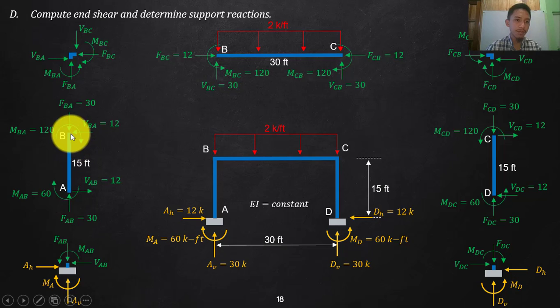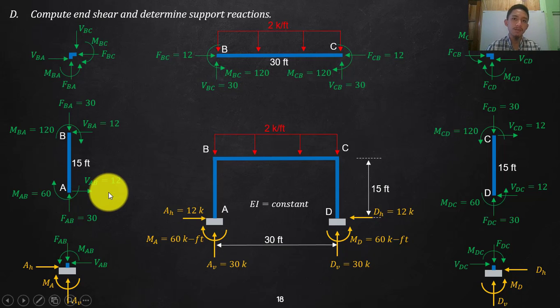If I will sum moment at joint B, you will have here both moments clockwise, so 120 plus 60 is 180, and that will be counteracted by the moment of your shear at AB. Again, in the first place, you do not know this VAB and VBA, but if you are used to this, you can target the correct direction.